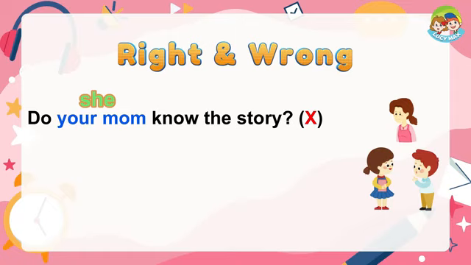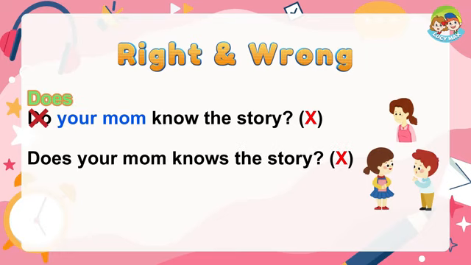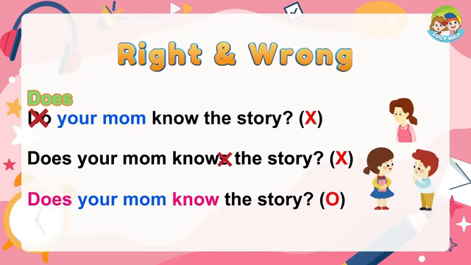So you should use does. Does your mom knows the story? The verb knows should change to the original form with no S. The correct answer is, does your mom know the story?